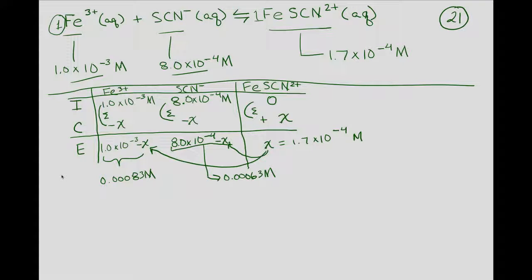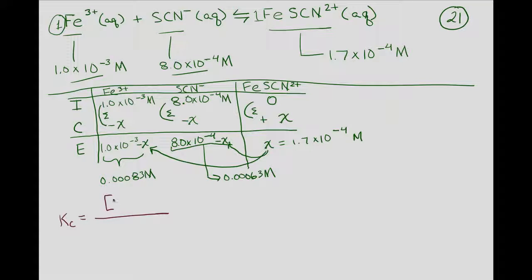So now we need to calculate Kc. So here we say Kc equals, and this is where you make the equation from before. Go to the products first. Products are at the top, and there's a 1 for a coefficient.